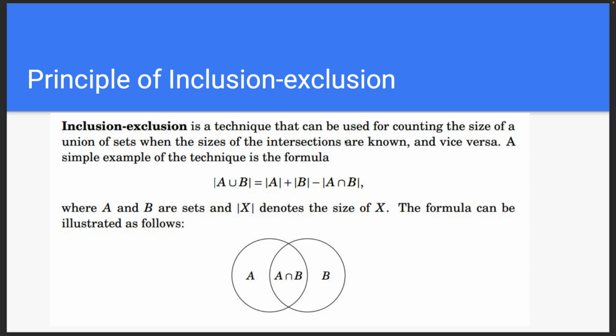So condition A and condition B. If you consider the whole space, some of the things would be in this circle of A, under condition A, and some of them may not. And some of them may be under condition B, and some of them may not.